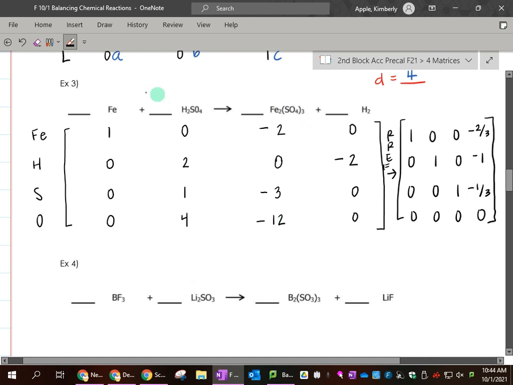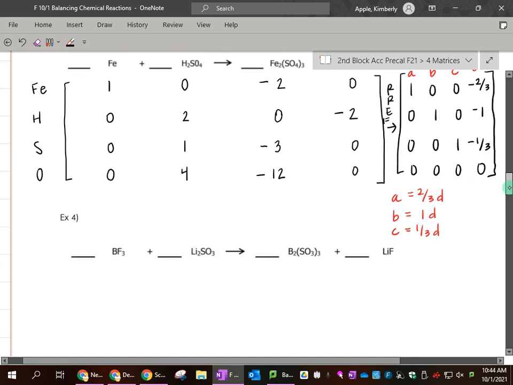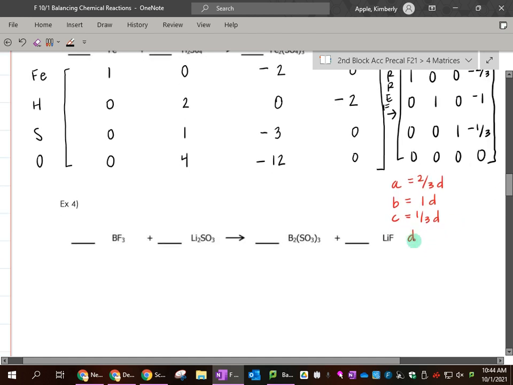But if you return to the understanding that these are A, these are B, these are C, these are D, and then you go row by row, you'll write A equals 2/3 D. B equals 1 D. C equals 1/3 D. And then exactly like we expect, D is free.